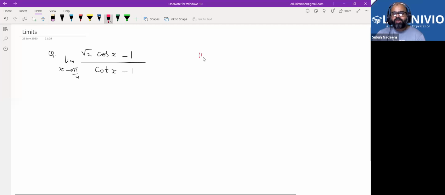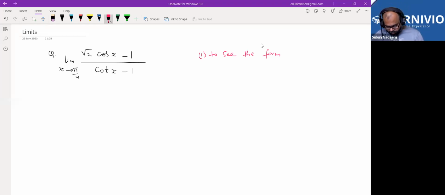First thing is to see the form. Is it indeterminate form or not? So first is to see the form.